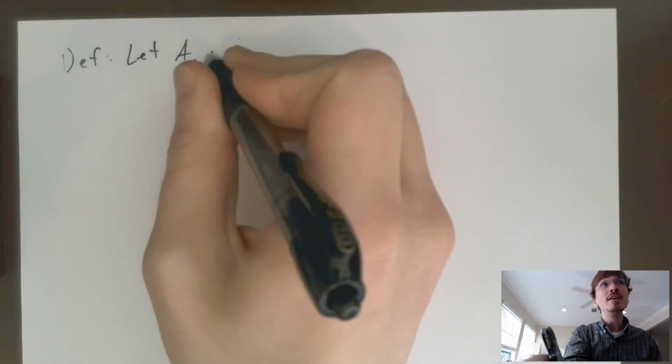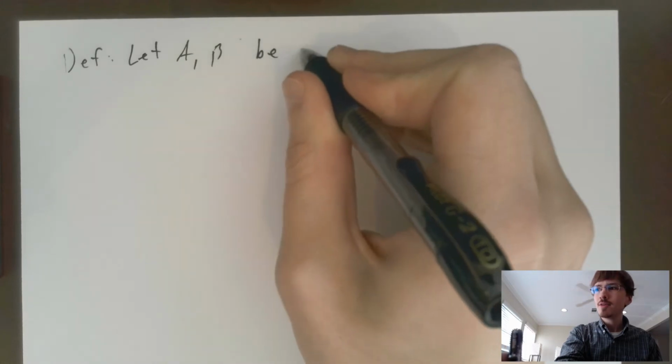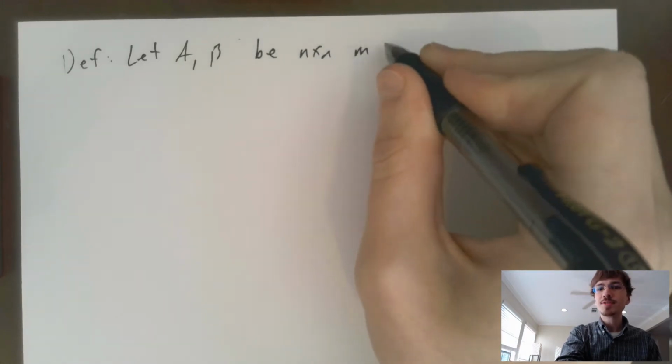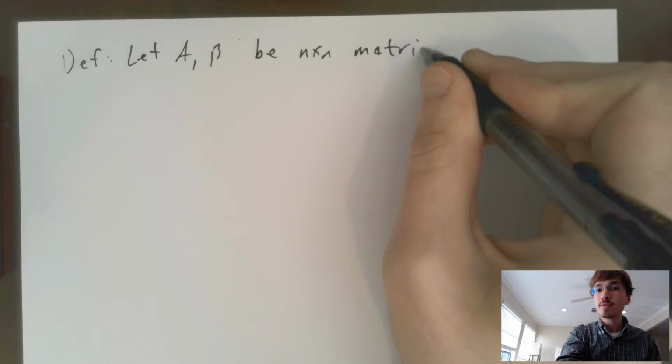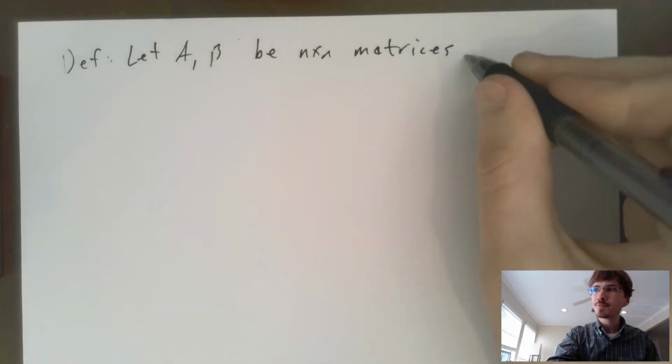Let A and B be n by n matrices. So they're both square and they both have the same dimensions.